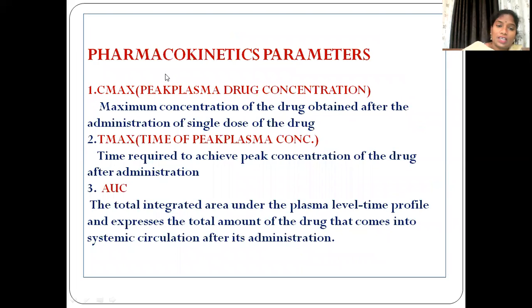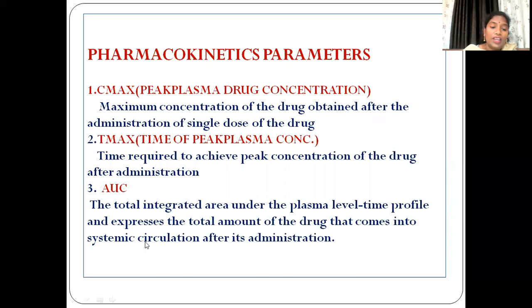See, these are the technical definitions. Cmax is the maximum concentration of the drug obtained after administration of a single dose of the drug, which we calculate in mg per ml or micrograms per ml. Tmax is the time of peak plasma concentration. I already explained: the time required to achieve the peak, the maximum plasma concentration, we call Tmax.